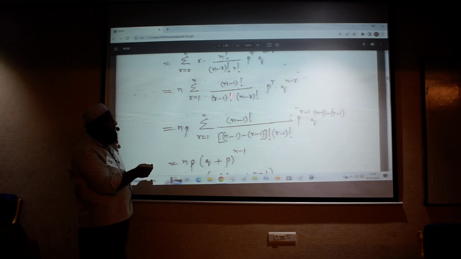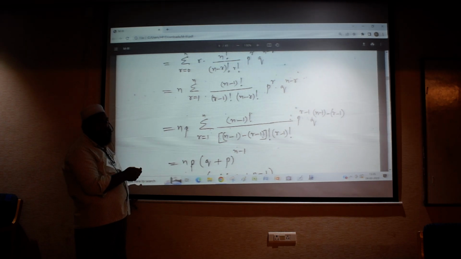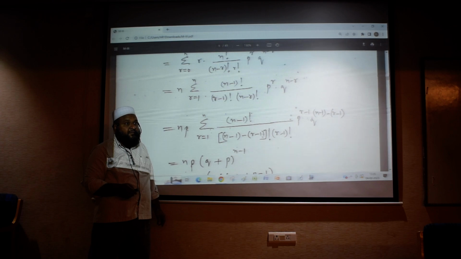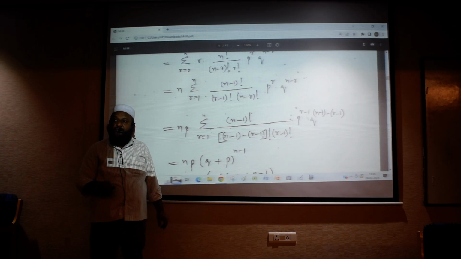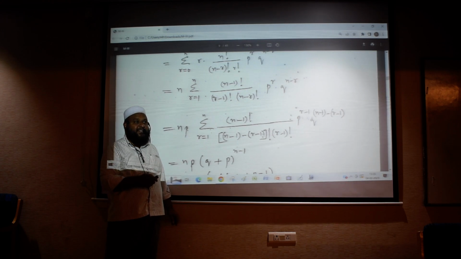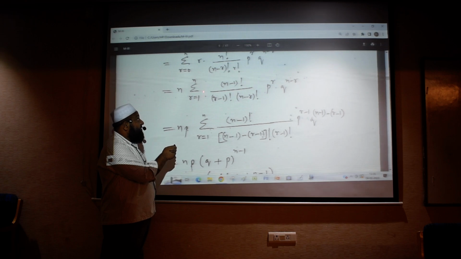Anybody? Where that r has gone? Sir, r from 1 to n. Then r factorial. r factorial becomes r into r minus 1 factorial. So good, now you are able to catch the point. I have taken one jump here. That is, this r I am writing as r into r minus 1 factorial.